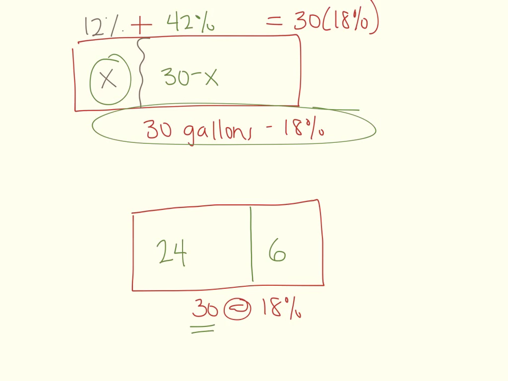The 24 gallons has a 12% salt solution, and the 6 gallons has a 42% salt solution. And then these two combined, the 24 at 12% and the 6 at 42%, will give me 30 gallons at 18%.